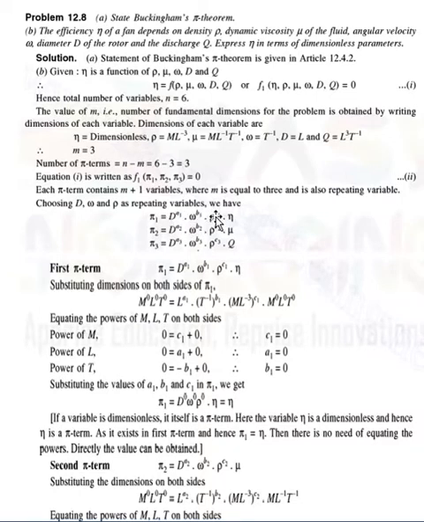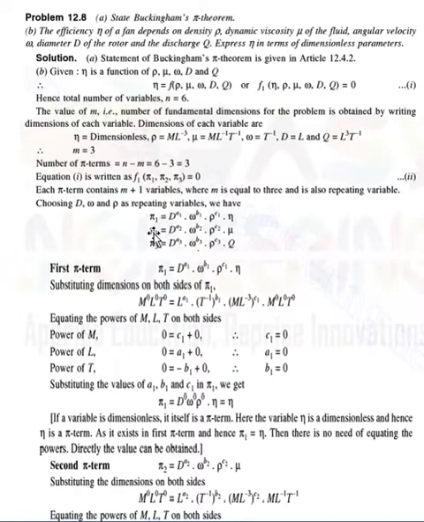This is 1, 2, 3, and the remaining are efficiency, mu, and q, left in equation number 1. Therefore, first take efficiency. Therefore, pi 1 is equal to d to the power a1, w to the power b1, rho to the power c1, into efficiency.